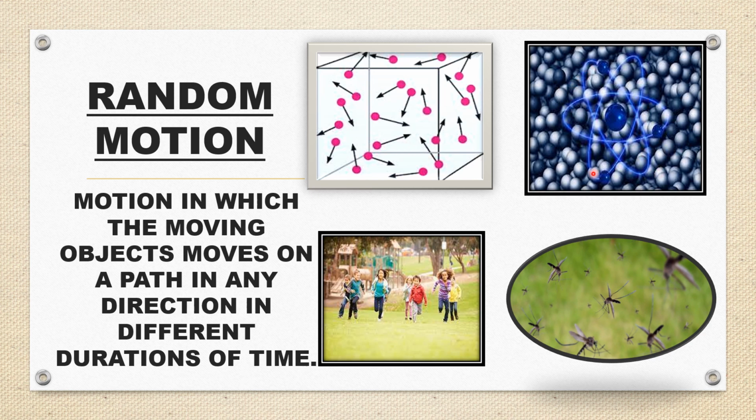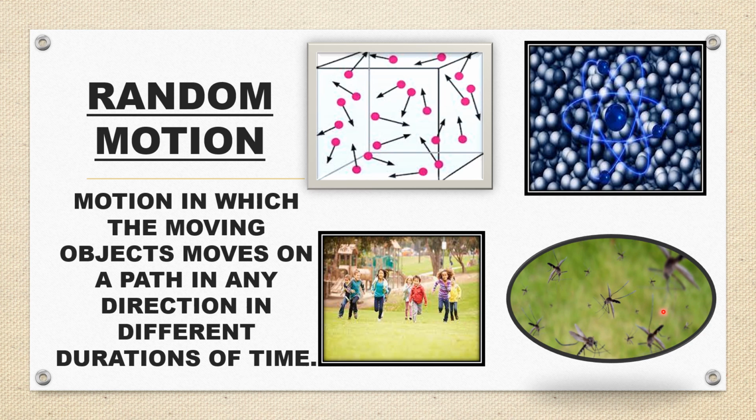Similarly, if this path is being formed by any particular atom or molecule, it might be formed in a faster time, or it might be formed in a very slow time. Similarly, when the children are playing in the park, okay, or are moving around, what happens? Some of them are going to run very fast, some are going to run very, very slow, just like a snail, or some of them are going to be in between, not very fast, not very slow. So you do not determine how fast they are moving.